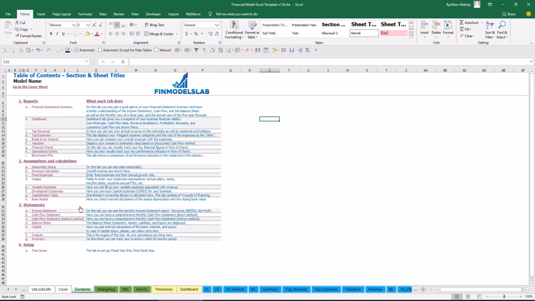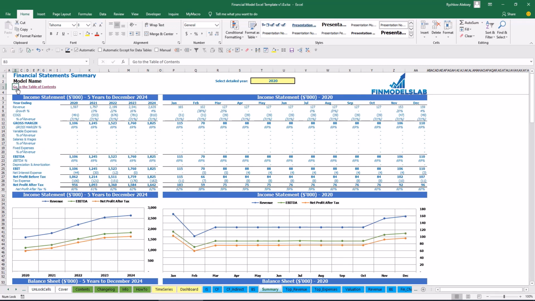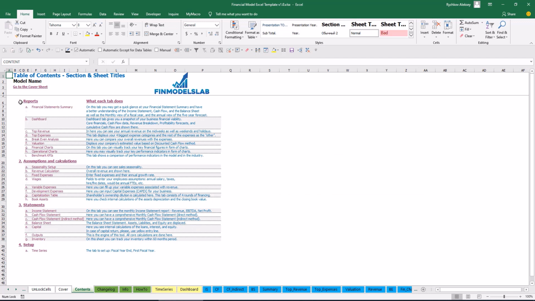Additionally you have the contents tab, which allows you to navigate across the model very simply. So you may click on any report and you can go back. It is broken down by reports, assumptions, statements and setup.